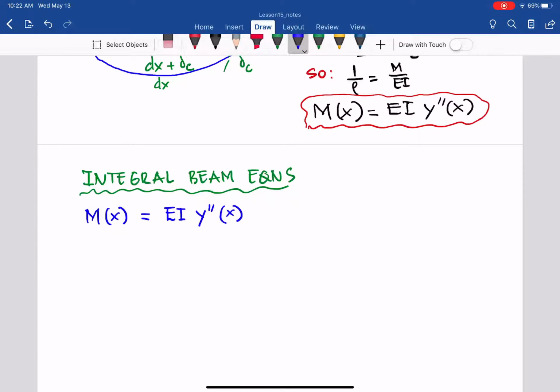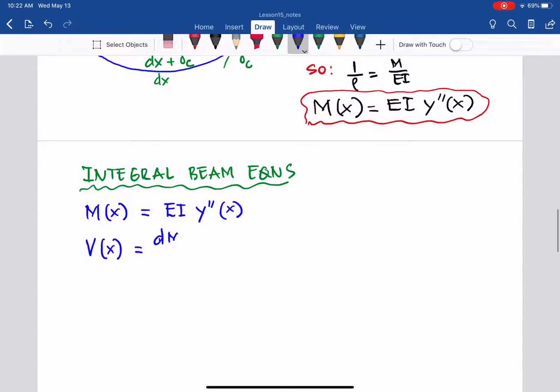And of course, if you recall, in the shear and moment diagram lecture, we have Vx equal to dMx over dx. So the slope of the moment diagram equals the magnitude of the shear, as you recall.